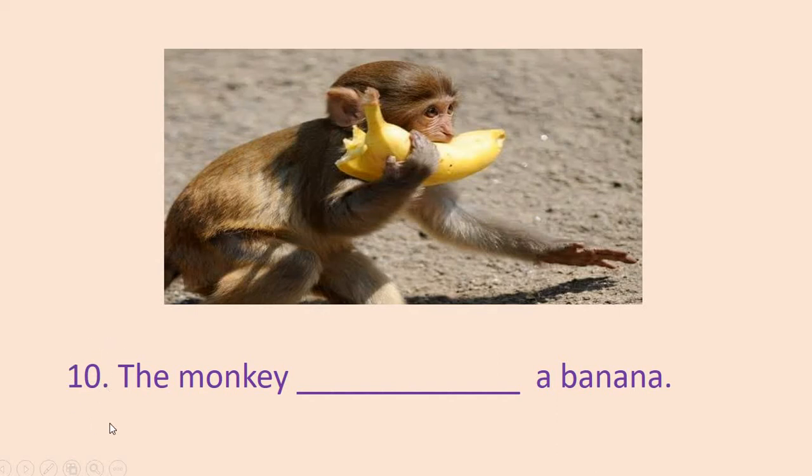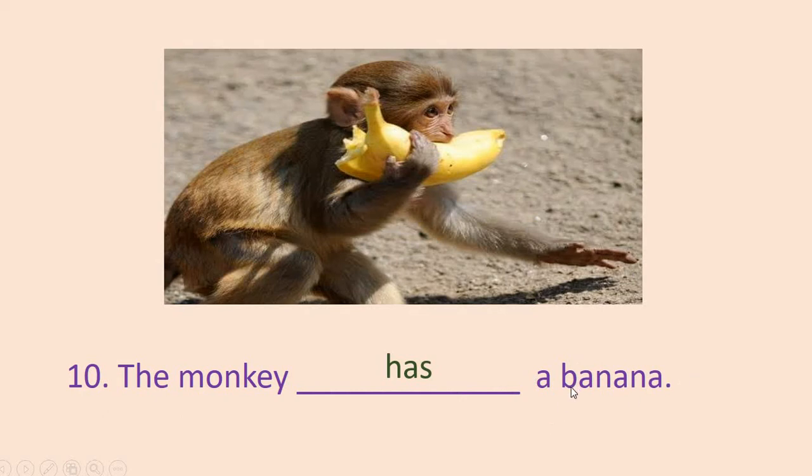Sentence number 10. The monkey. The monkey dash a banana. What you have to use here? Has or have? The monkey. What will come? The monkey has a banana.